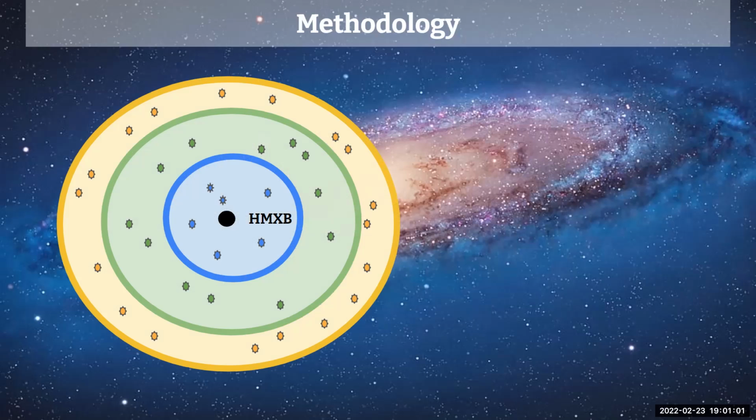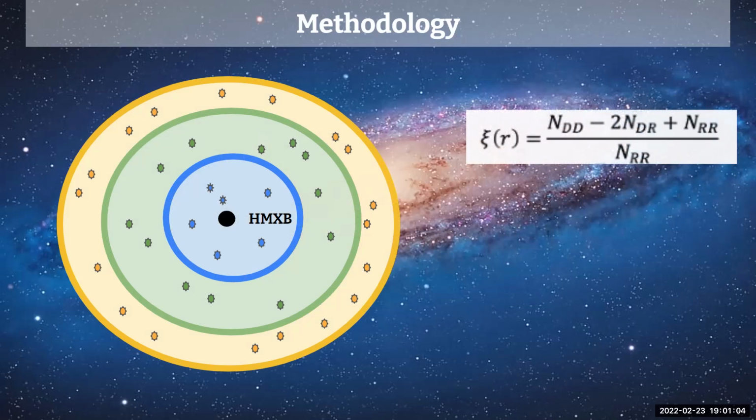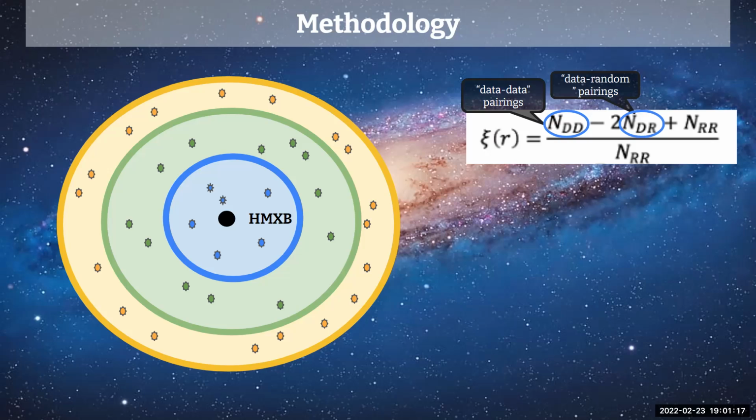Looking at the spatial correlation function to the right, you will see several variables in the equation. The NDD is the number of observed young star clusters found in each ring. This represents data pairings. The NDR, or data random pairings, follows the same procedure using the true location of each high-mass X-ray binary, but this time using a randomly distributed young star cluster population in each galaxy.